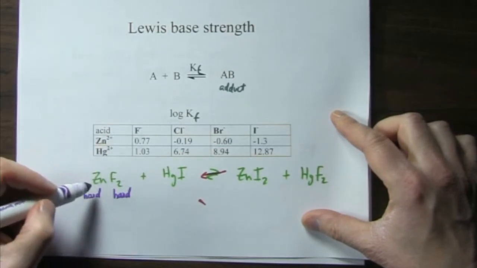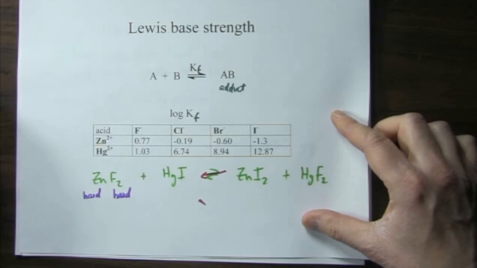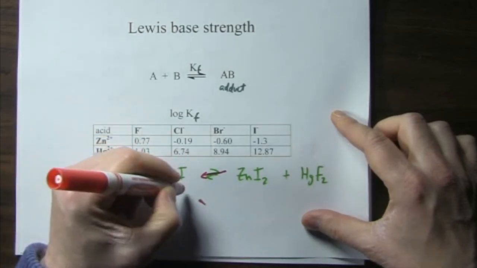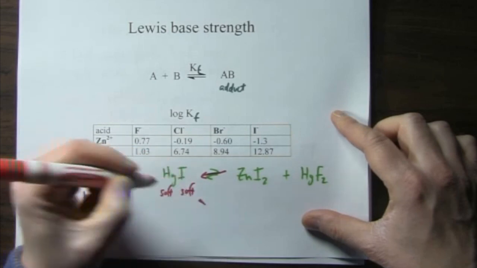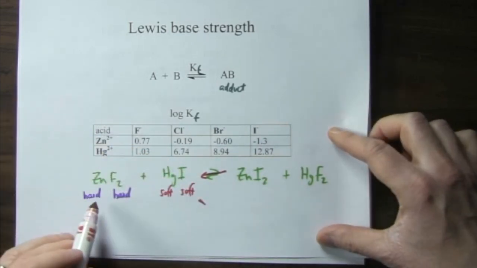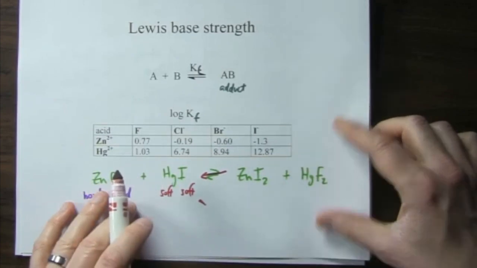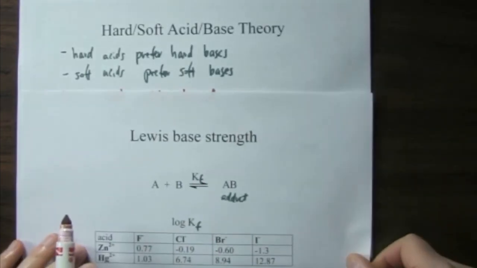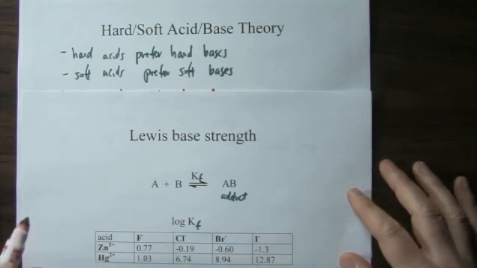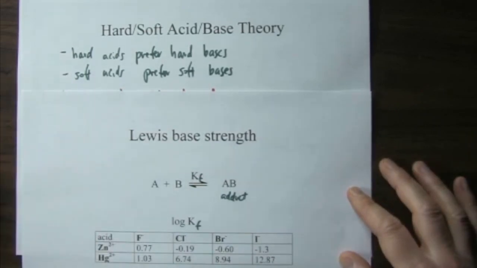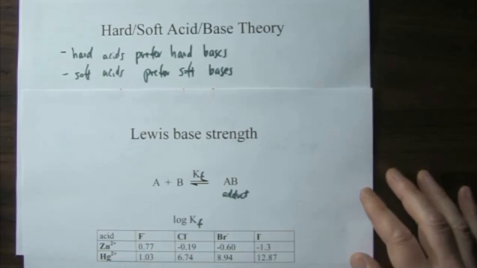Zinc is definitely going to be harder than mercury, which is lower on the periodic table. Iodide is lower on the periodic table, so it is soft. So hard is with hard, soft is with soft. So that is the idea behind hard-soft acid-base theory. So we would predict this is more stable than these are here.